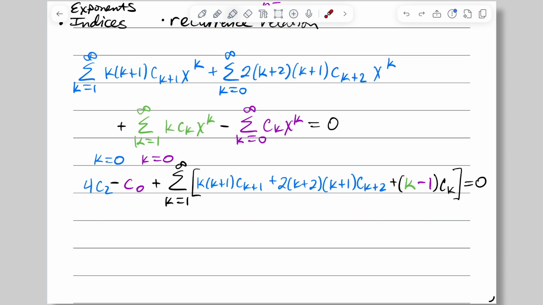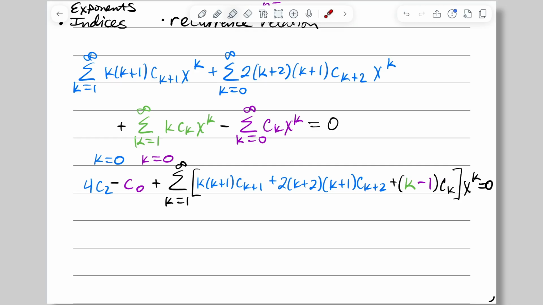For the indices, for the second sigma expression, I wrote down the k equals 0 term is 4c2. For the fourth sigma expression, I wrote down the k equals 0 term, which is negative c sub 0. Everything left is going to have a starting index at k equals 1. We have x to the k in all the terms, so I meant to factor that out.